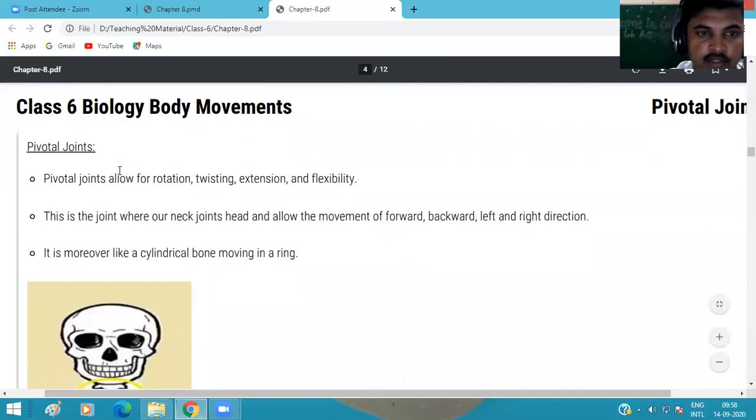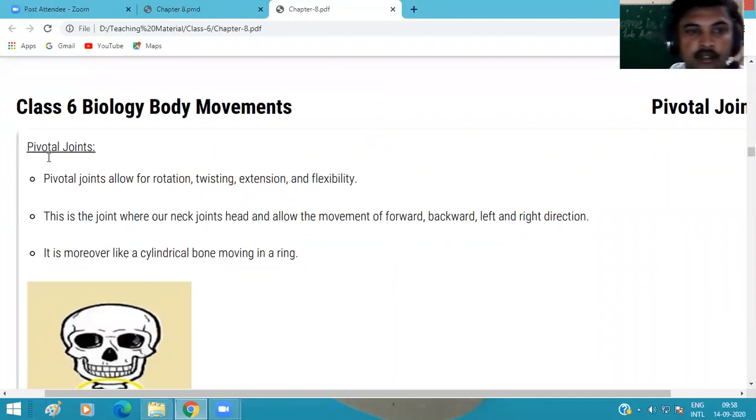And the pivotal joint we discussed already. Where is the pivotal joint present in our body? In the neck. Pivotal joints allow rotation. We are able to rotate our neck, twist our neck, and extend it. We have flexibility. In this type of joint, our neck joins with the head and allows movement in the forward direction, backward direction, and left and right directions.